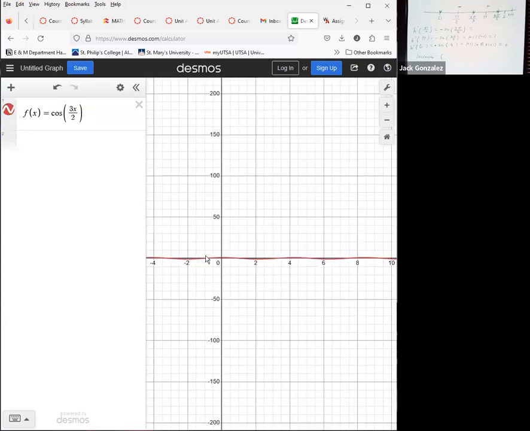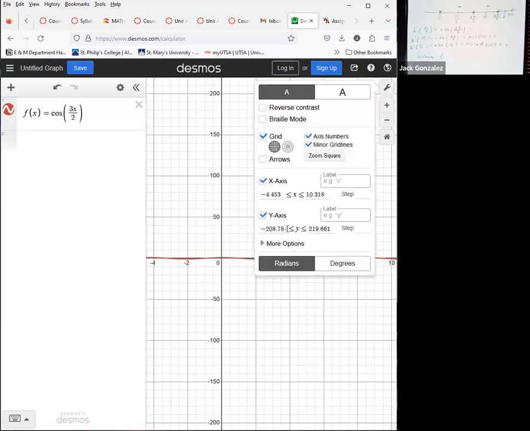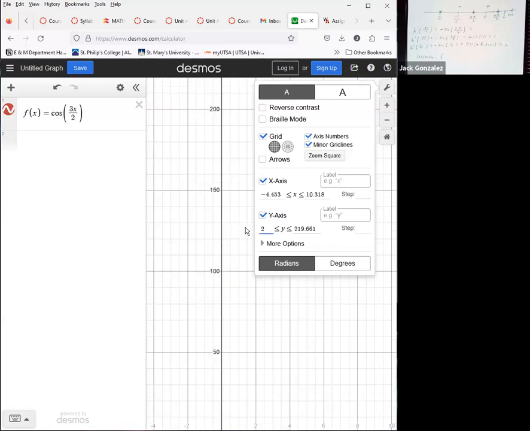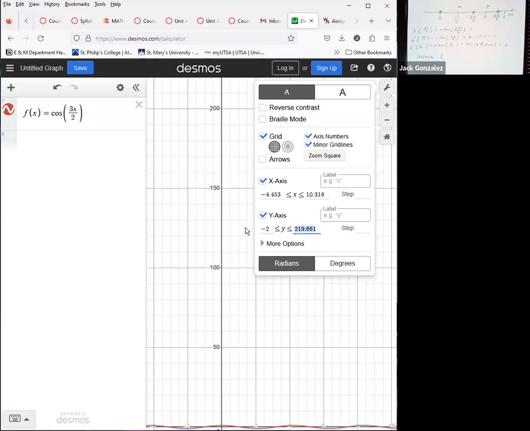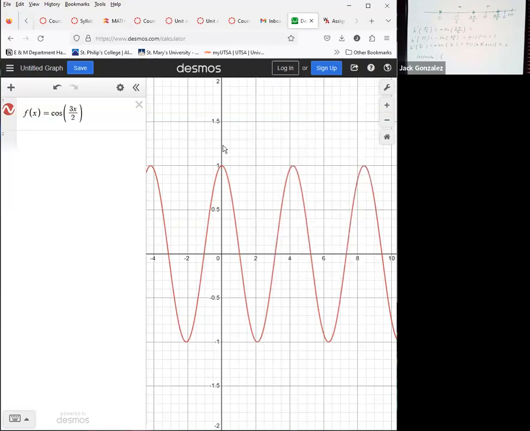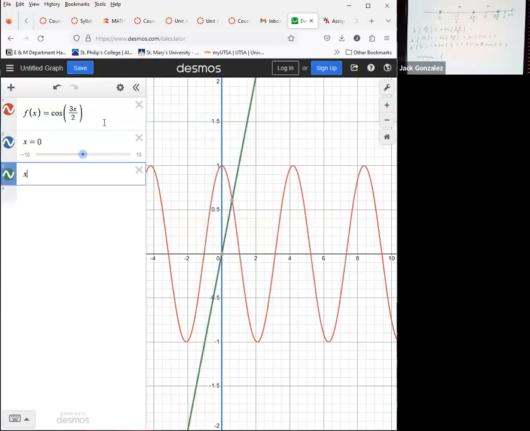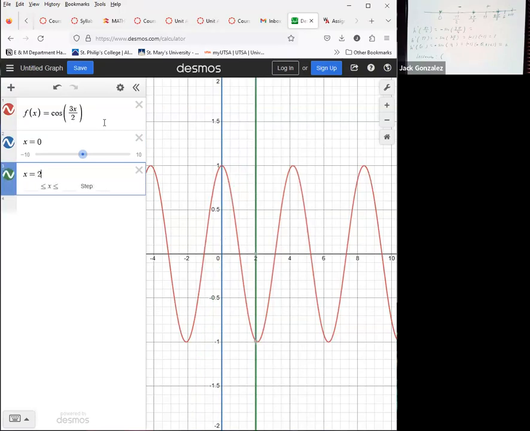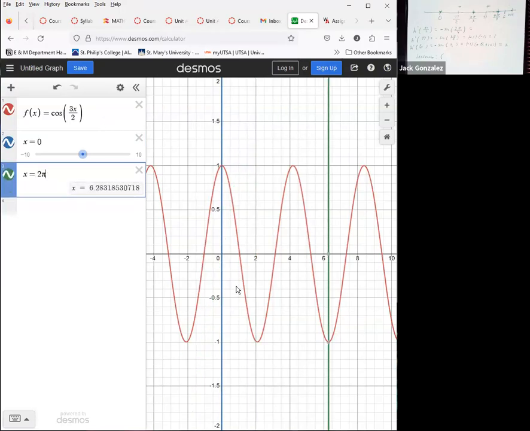All right. I need to shrink this down. All right. And they wanted us to look at 0, right? And 2 pi. So within here, 4 pi thirds is one critical number, 2 pi thirds is another one, and 0, obviously.